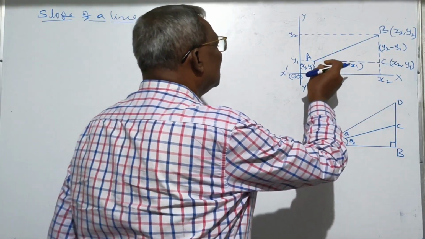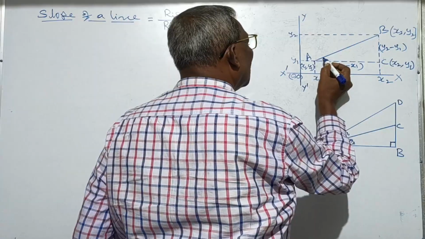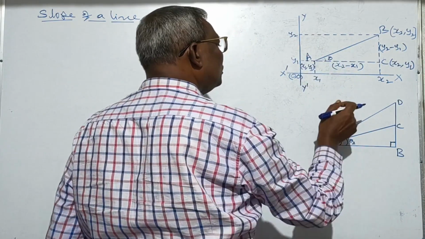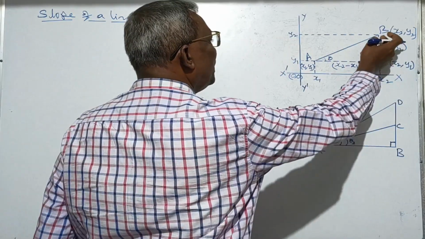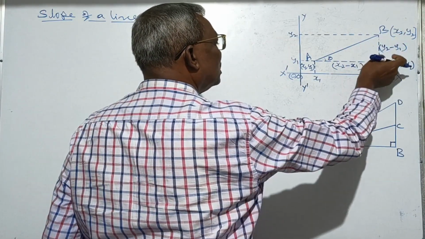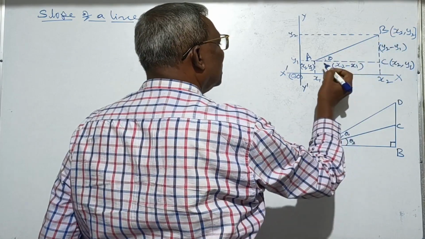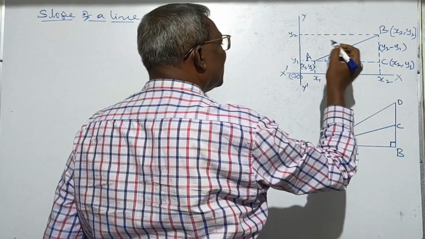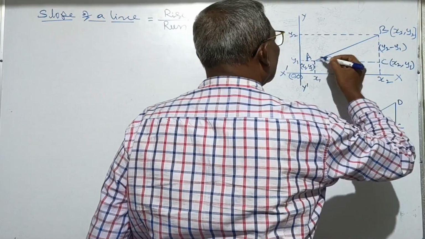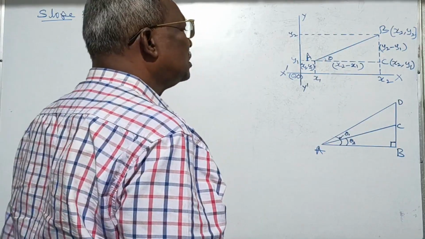But this B is rising up by some angle, I can say theta. It made some theta angle. So this line AB is inclined.